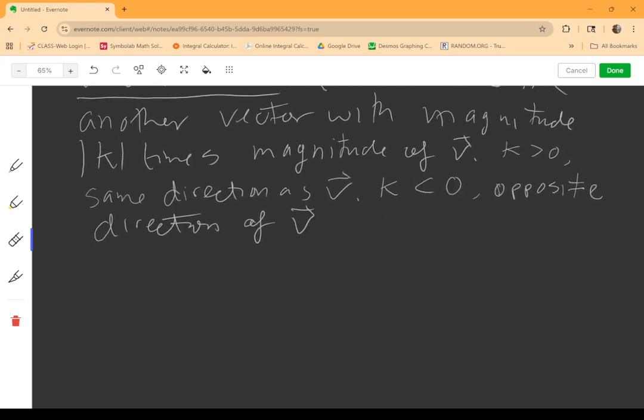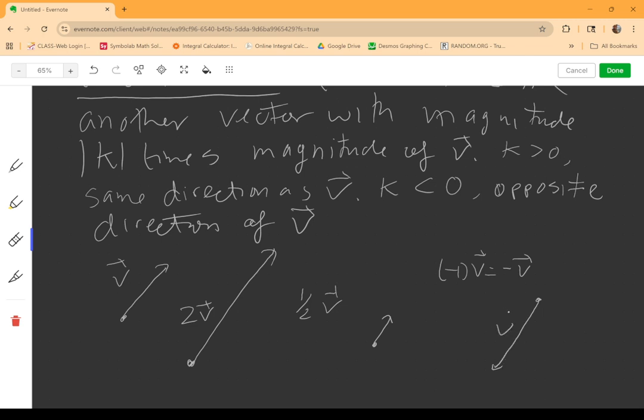So here, for example, if this was a vector v, 2v would look something like that. And then half v would look something like this. And negative 1v, or this is equivalent to saying negative v, that would be something like that.